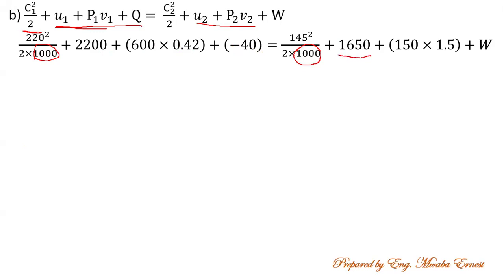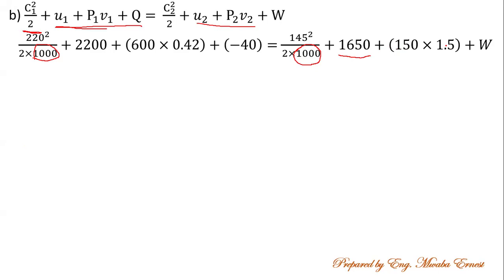The internal energy number 2, 1650. Then pressure energy, a product of the 150 kilonewtons per square meter by the 1.5 cubic meters per kg, our specific volume, meaning cubic meters per unit mass.